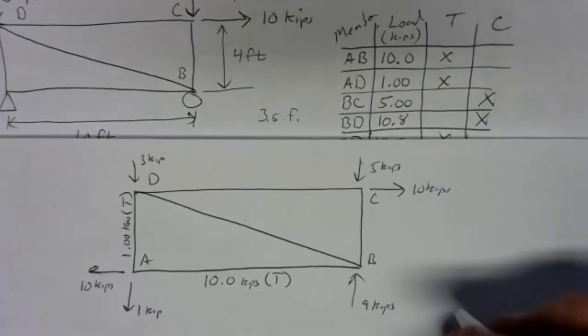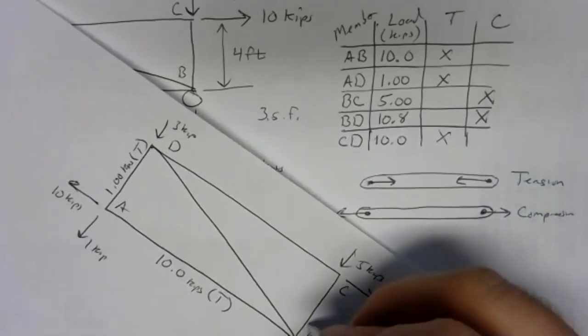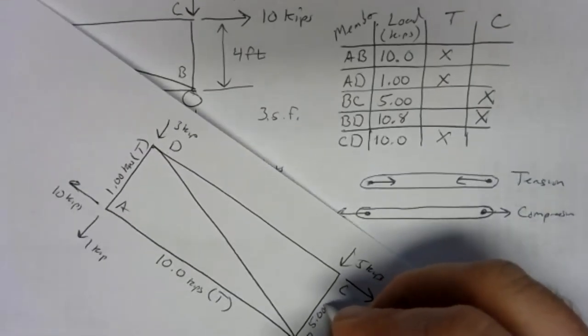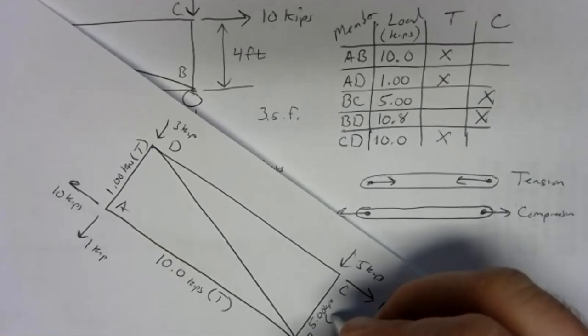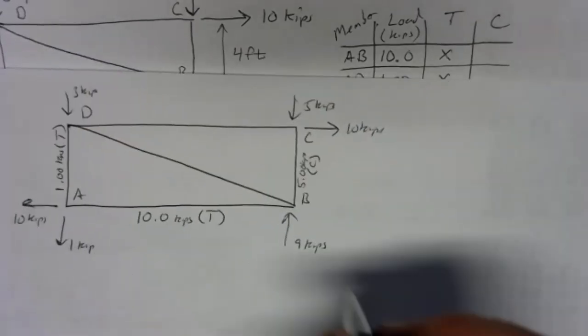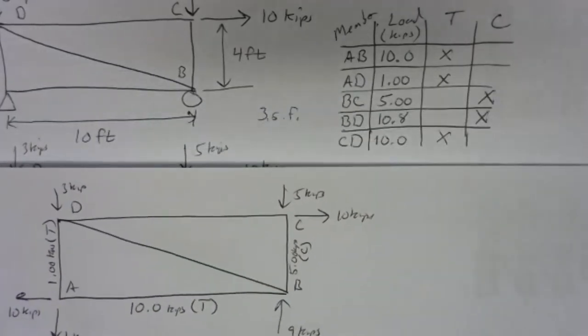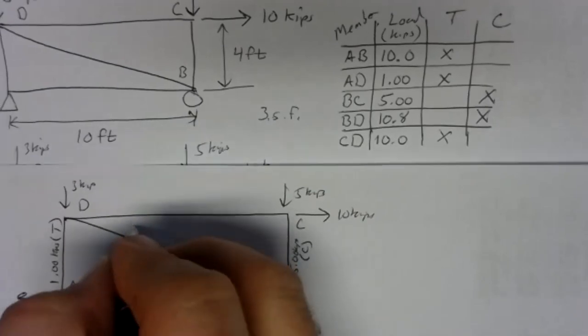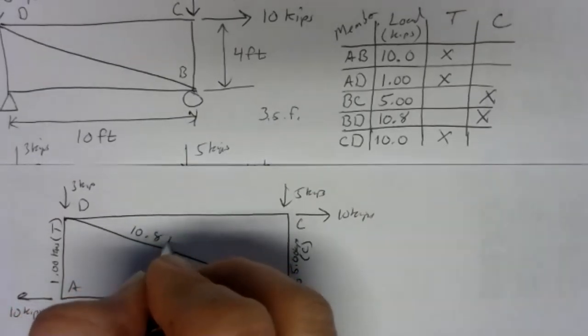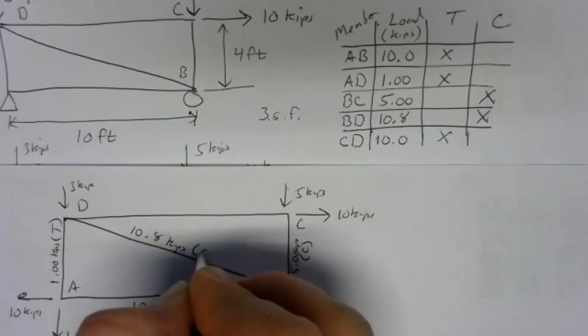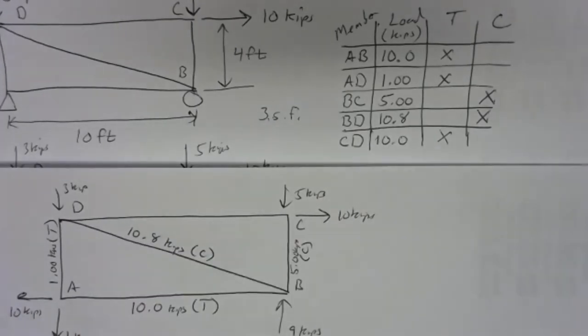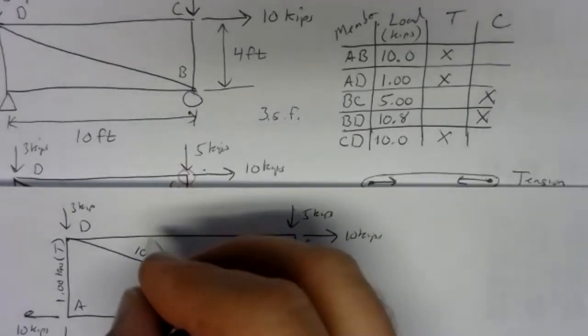Member BC carries 5.00 kips in compression. Member BD carried 10.8 in compression. And member CD carries 10 in tension.